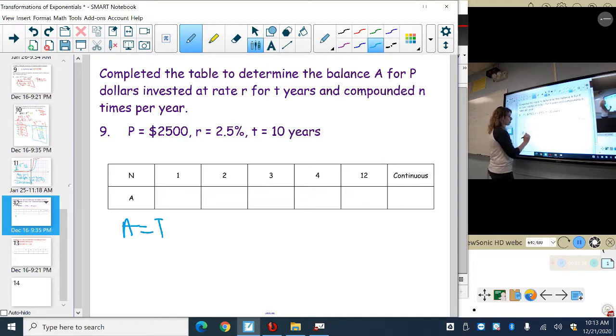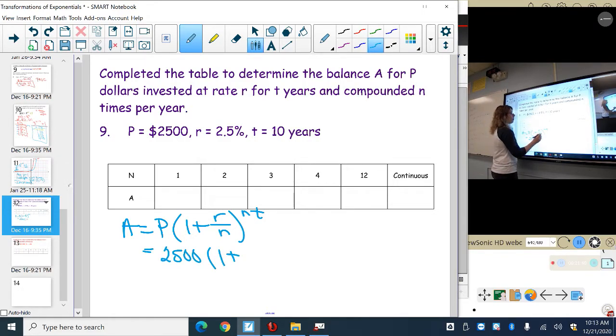So A is equal to P parenthesis 1 plus R over N raised to the NT. That is the formula. Now you have to start plugging in the values that you know. Well, I know that my P is 2,500. My R is a percentage, and so that has to be turned to a decimal.